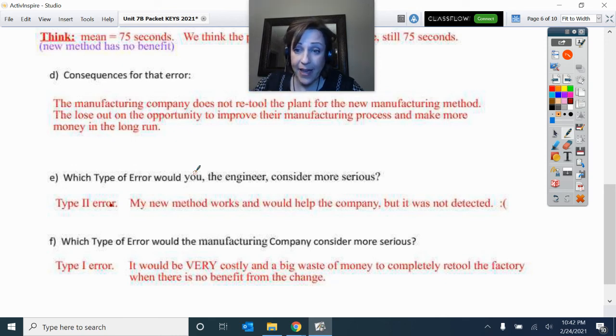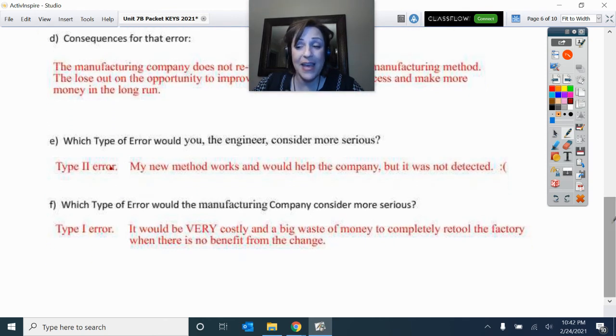So you would hate that. Of course, really and truly, I think probably overall the more serious one that we want to minimize the possibility of is that type 1 error, because that is very, very costly to the manufacturing plant, to the company, with no benefit at all. It has no change on that average time to make those widgets.